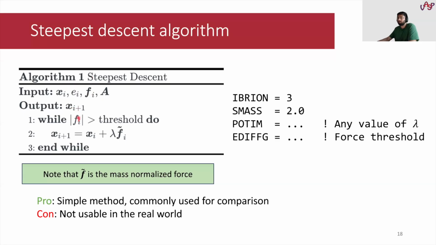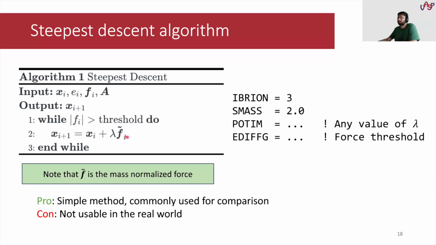If your forces are greater than a certain threshold, so not converged yet, your next position will come as a sum over your previous position, some factor, and your force. If it's lower than the threshold, you are converged. So it's really as simple as that. Your positions are largely controlled by the force. VASP in particular uses the mass normalized force. This is largely to prevent very small atoms from moving very quickly with large forces.